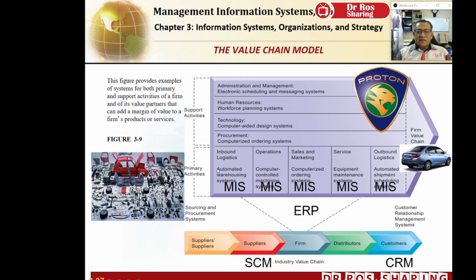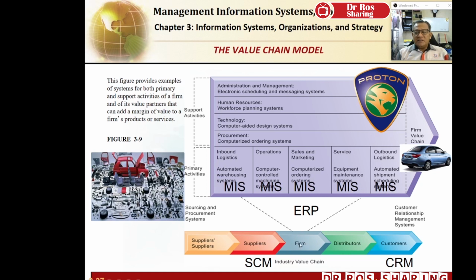All these could be integrated into a single ERP system like Oracle or SAP, right? From left to right, basically we are moving from the supplier. This is what they call a tier 2 supplier, and then tier 2 supplies to tier 1 supplier. For example, Toyo Tires supplies tires to Proton, which is the assembling company itself.